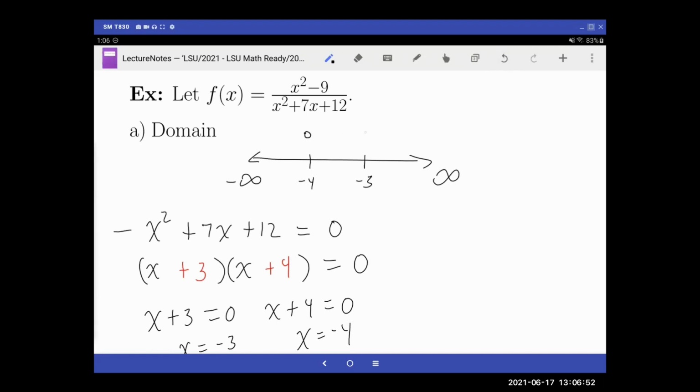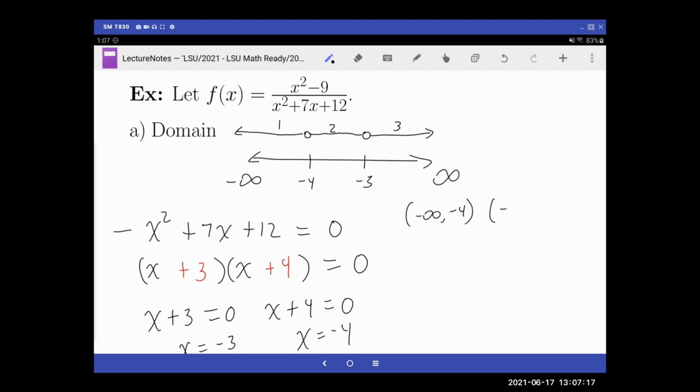These are holes in the domain. So all numbers smaller than -4, bigger than -3, and all the numbers in between. So all the decimals, -3.5, -3.9, all those are fine as well. So that takes my domain and breaks it into 3 sections. The first one, -infinity to -4.